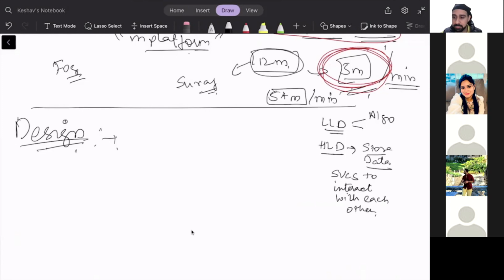One more thing, we cannot have a very huge number like 100m or 200m, because if you increase that k factor, then that means you are increasing the waiting time for a particular train. We discussed the average waiting time around 5 or 6 minutes, so we cannot take a big factor of m.